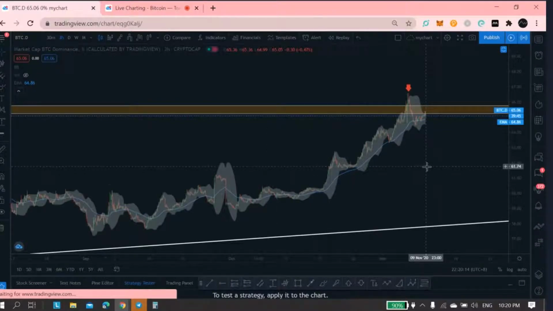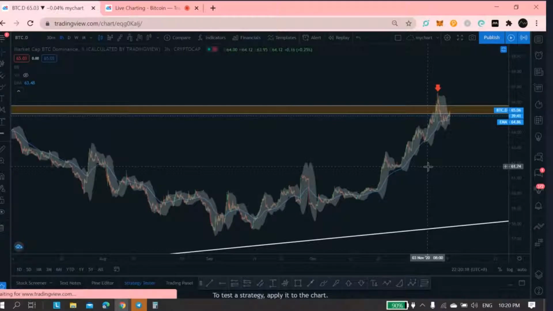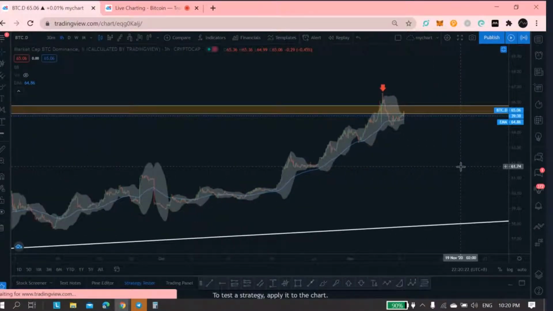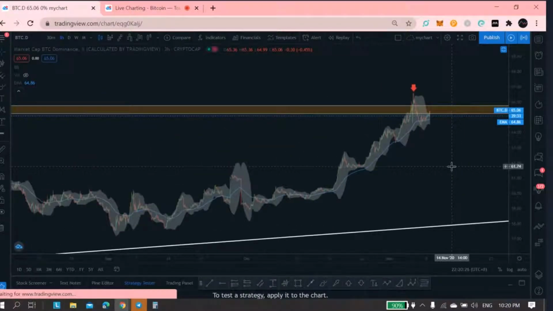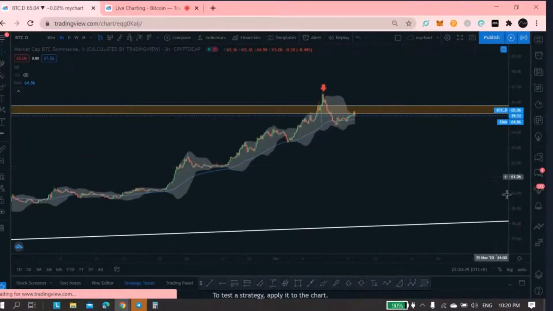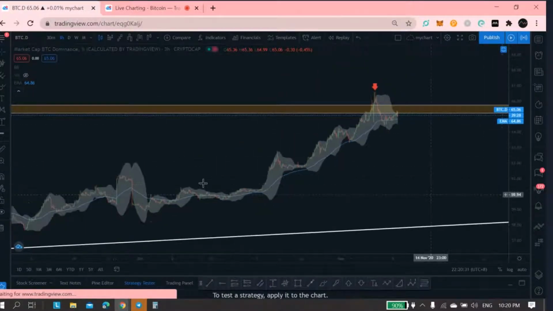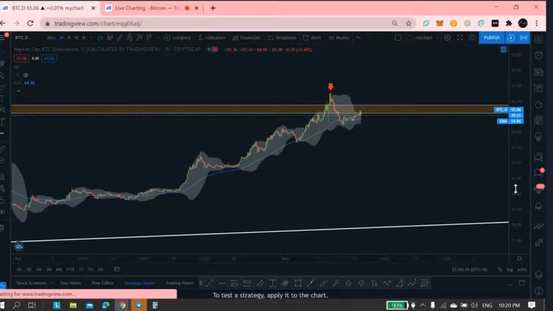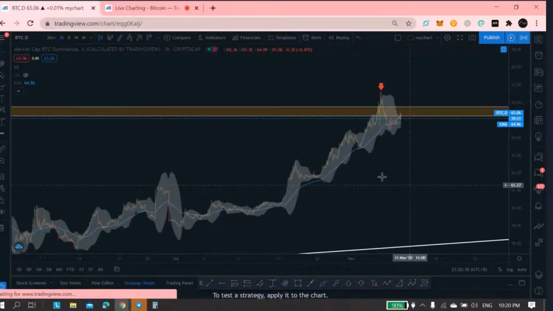So I will show you how I trade Bitcoin perpetual in the future. Let me just fund it maybe by $100 or $1,000, or maybe a smaller amount, so that at least you can also practice.